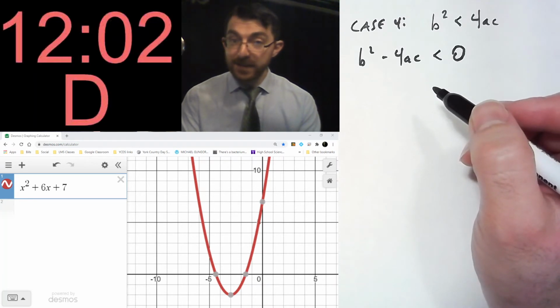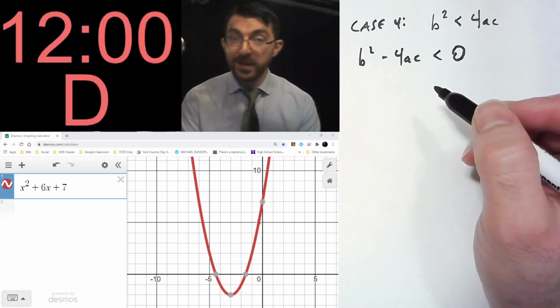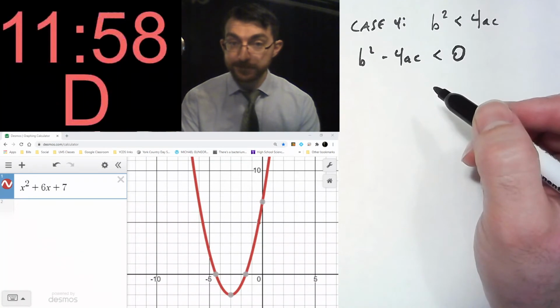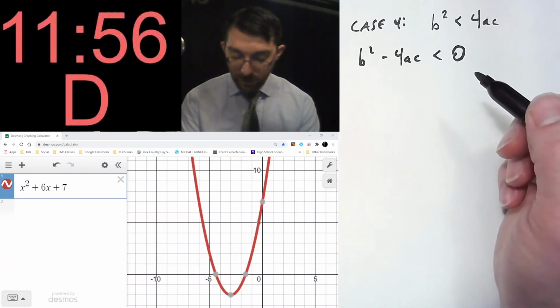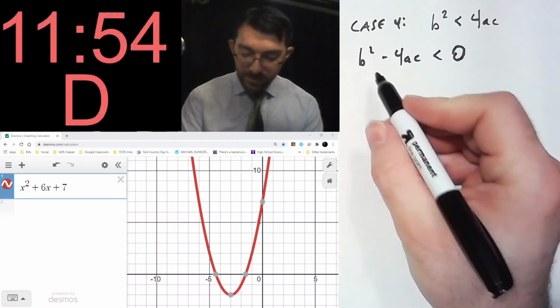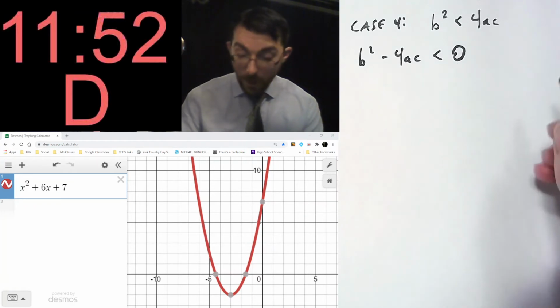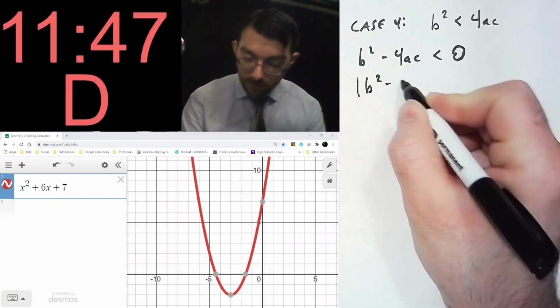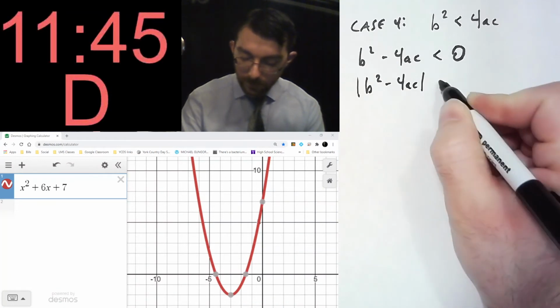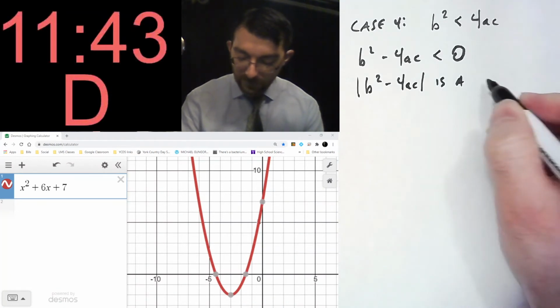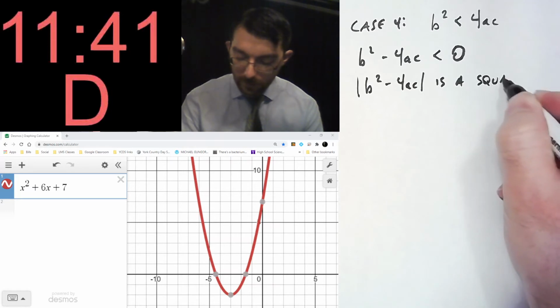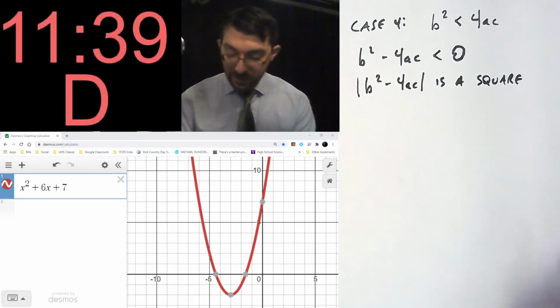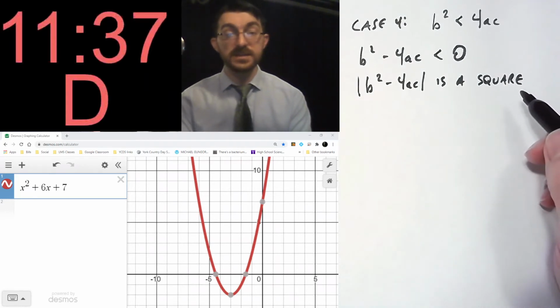And when it's negative and you take the square root, you get an imaginary number. Okay. Well, if b squared minus 4ac is less than 0, but the absolute value is a perfect square, then we only have one kind of difficulty to deal with.